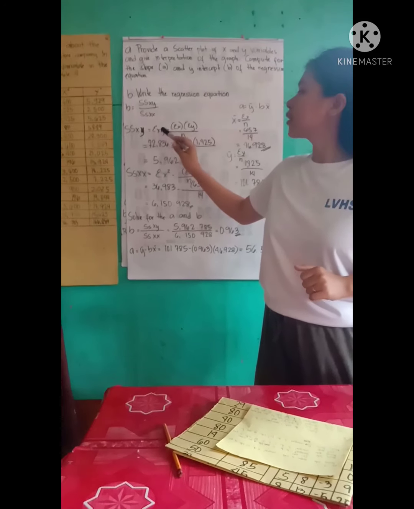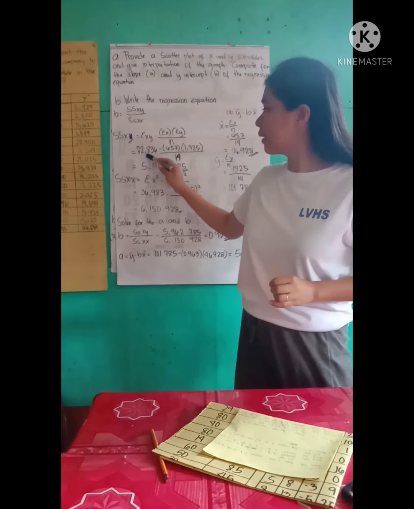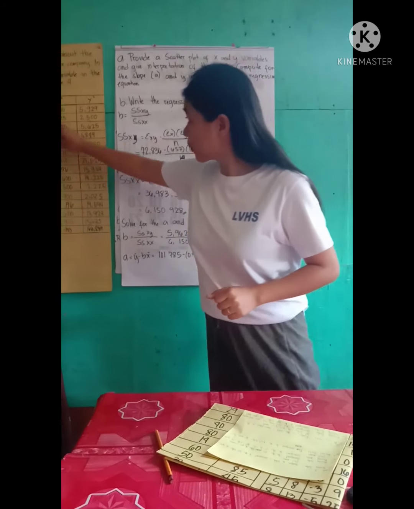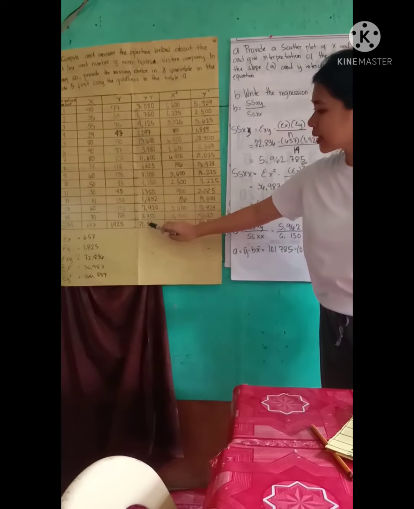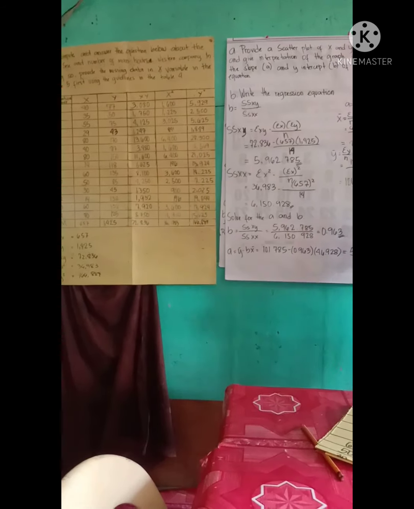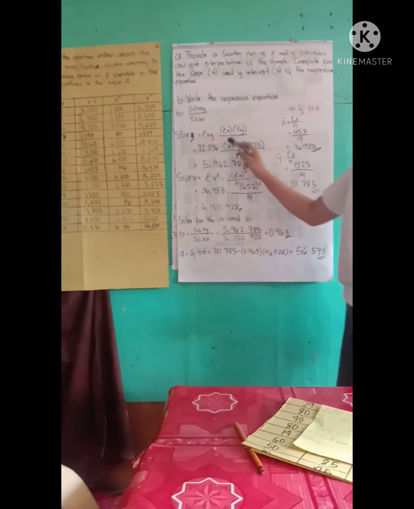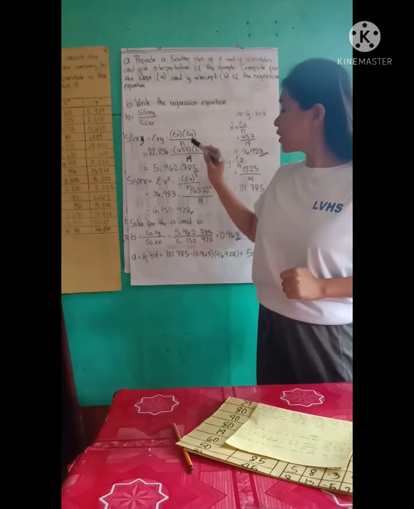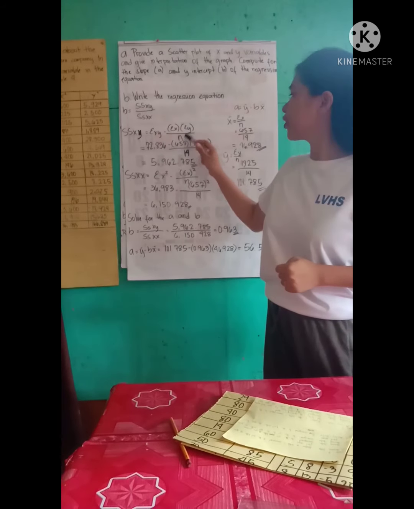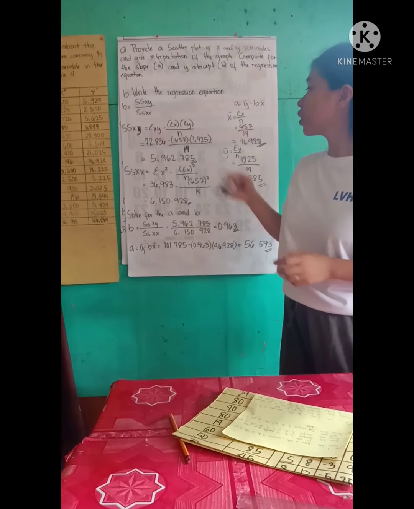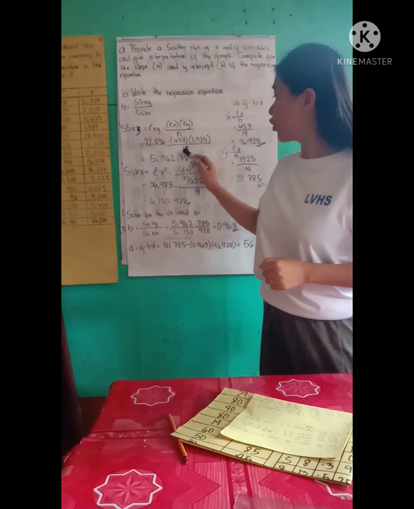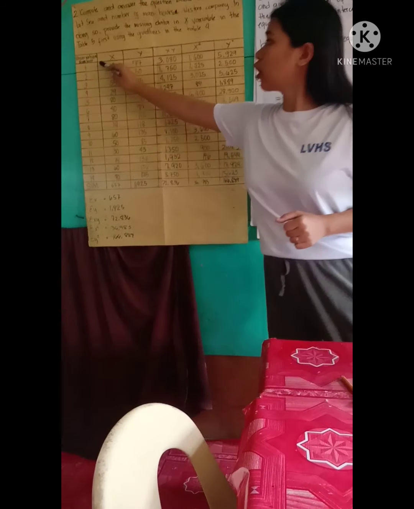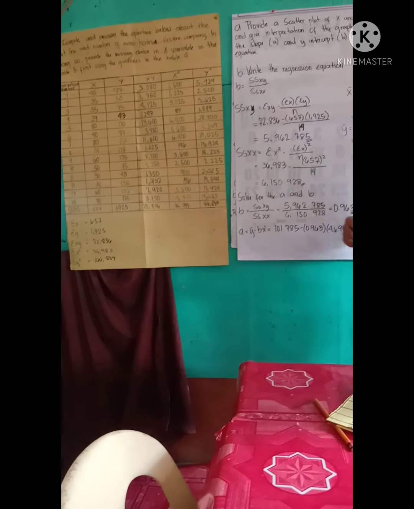So, the summation of xy has a corresponding number of 72,836 because it has the total sum of 72,836. Minus the summation of x, which is 657, multiplied by the summation of y, which is 1,425, divided by 14, because we have a total of 14 observations.